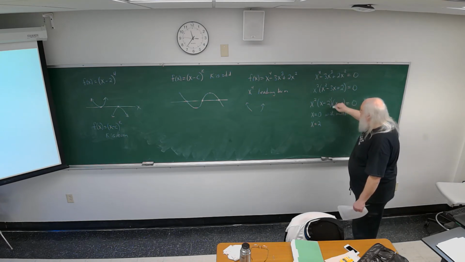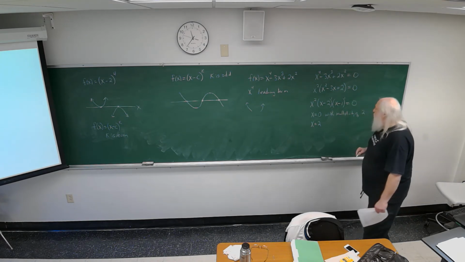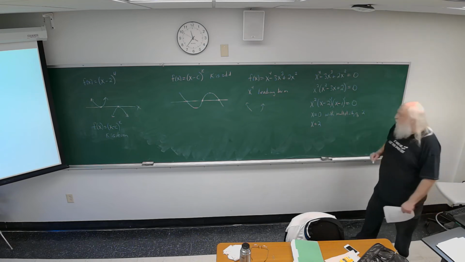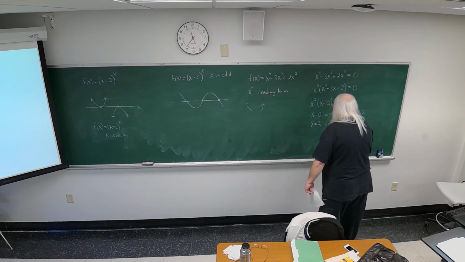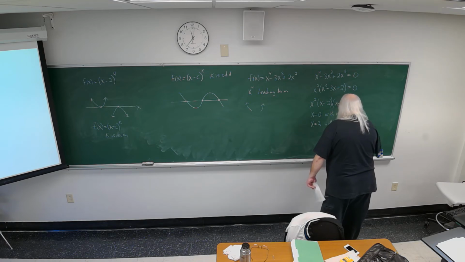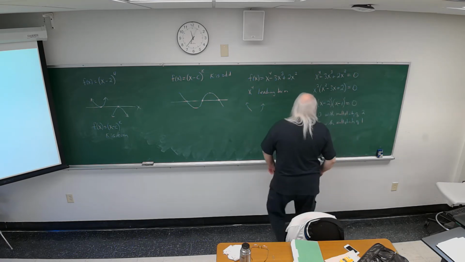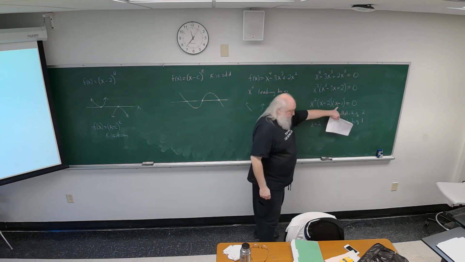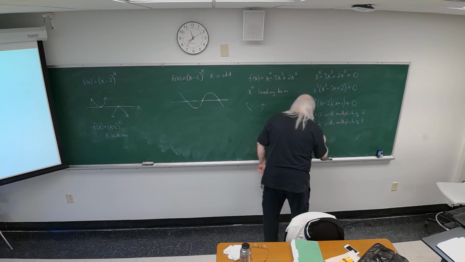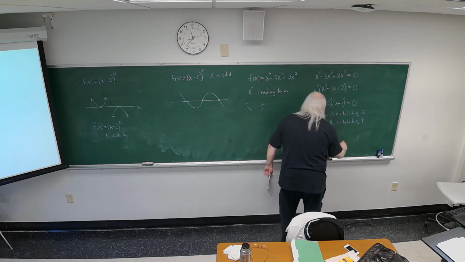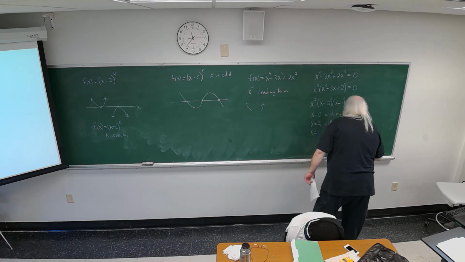This is x minus 2 to the first power, and that's x minus 1 to the first power. So x equals 2 is a zero with multiplicity of 1. And when you set x minus 1 equal to 0, we get x equals 1, and it has a multiplicity of 1.